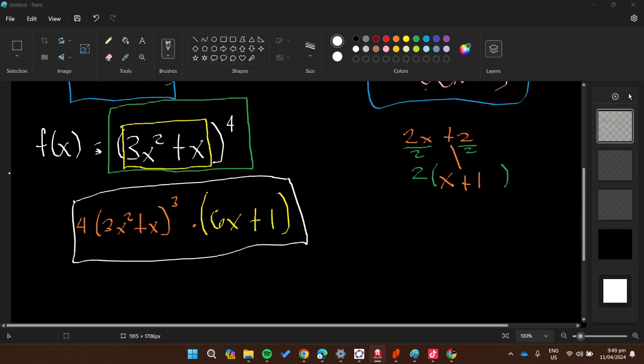I really hate that one. Pero wala tayong magagawa. Let me just solve this. I can no longer simplify though. So that is just 4x cubed, 3x plus 1, 6x plus 1.